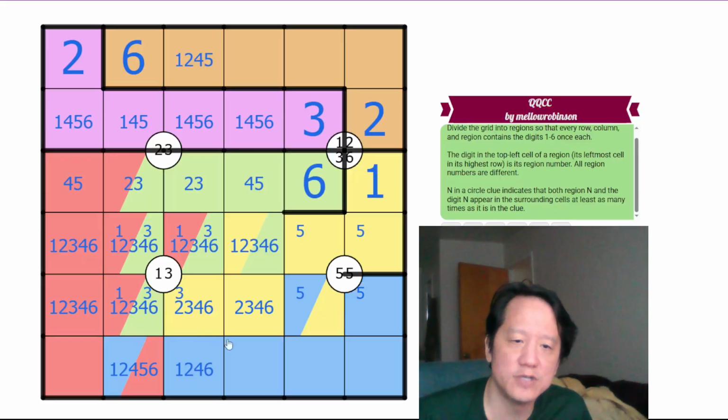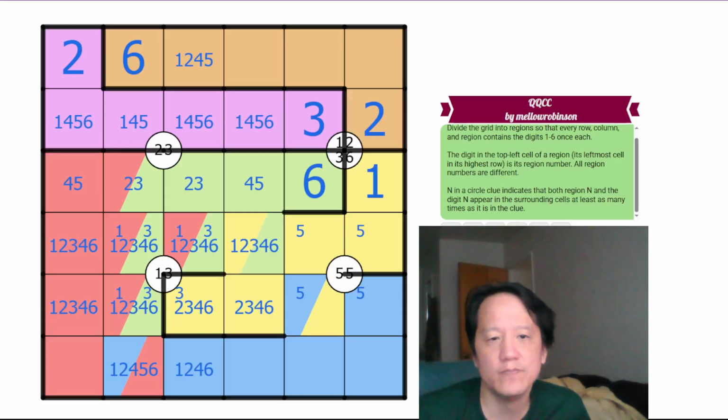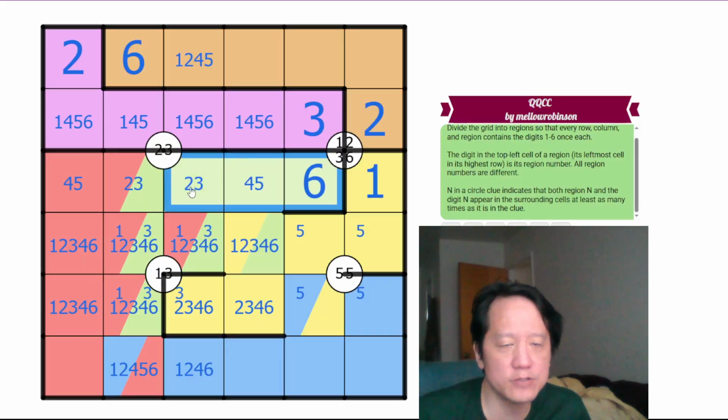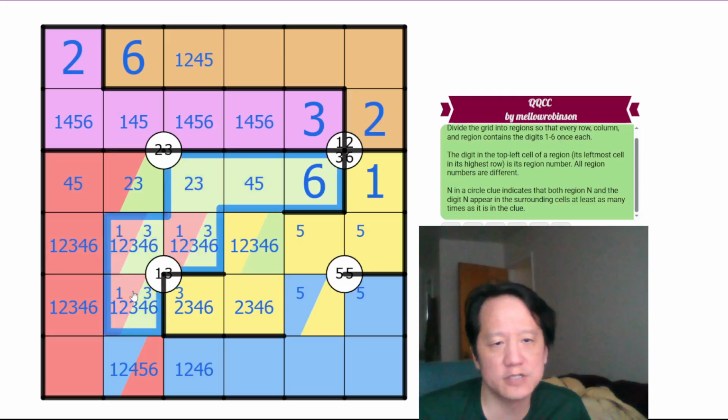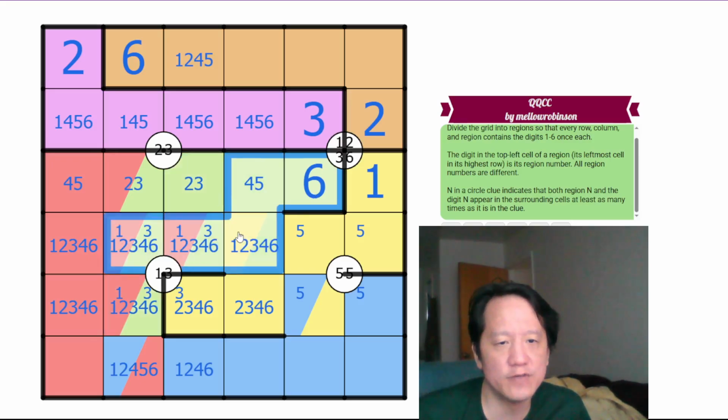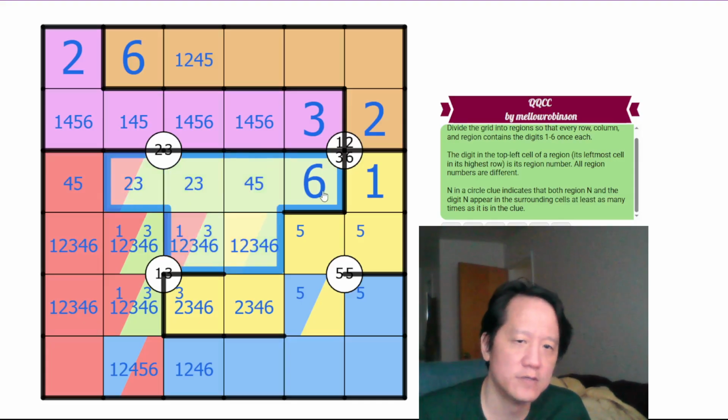We know this is definitely a boundary here, boundary here, boundary here. Green has to go 1, 2, 3. It could be 1, 2, 3, 4, 5, 6. That's possible. Or 1, 2, 3, 4, 5, 6.